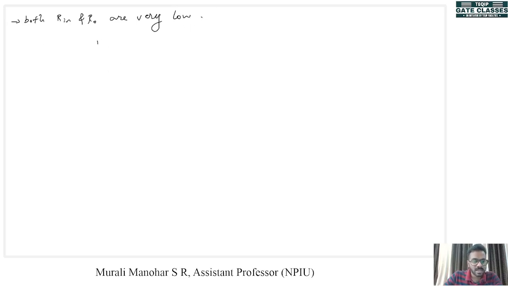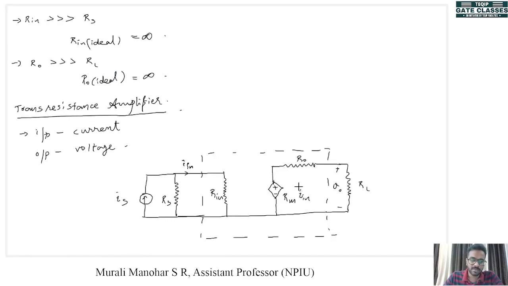So here we can say that Rin ideal must be equal to 0 and R out ideal must be equal to 0. So this is a trans resistance amplifier and this is the equivalent diagram of a trans resistance amplifier.